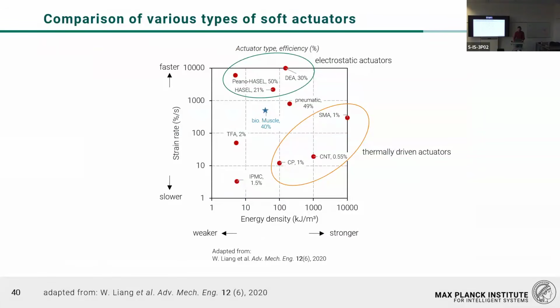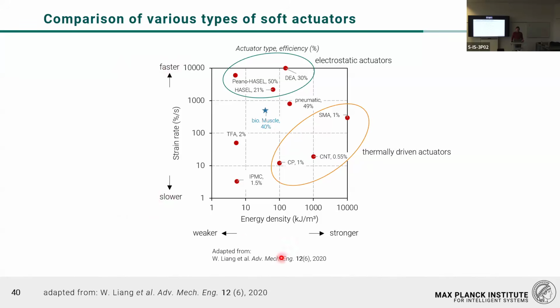All right, so obviously there are a lot of choices for different actuation technologies that you can use. A good way to rate them is by looking at their energy density and also their speed. Here on the vertical axis, you see the strain rate. Basically, a faster actuator would be located at the top and slower actuators on the bottom.